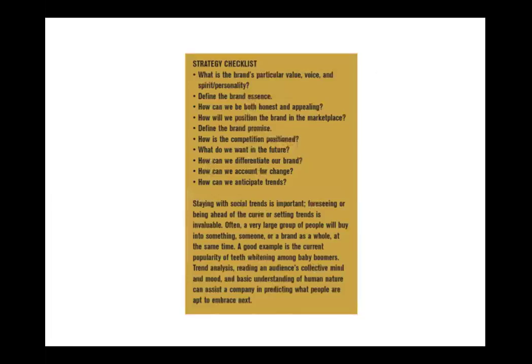They might have a mission statement, for example, that you want to place into not only your brand book, but also your brief. Define the brand essence. What is the essence of the brand? What are they all about? How can we be both honest and appealing? How will we position the brand in the marketplace? So these are some of the questions that might be in there. Define the brand promise. How is the competition positioned?